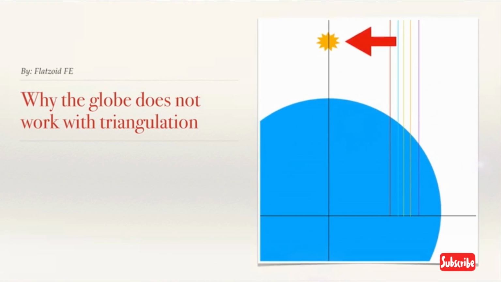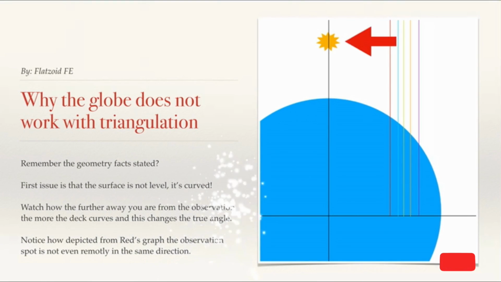Okay, why does the globe not work with triangulation? This is based on Red's graph of his that he says had no contradiction. I think you can see the problem. Remember the geometry facts that we had? The first issue is that the surface is not level, it's curved. How are you going to get an angle? And as you see, the further you go from the observation, the more you're actually looking away from the observation the further around the curve you go.